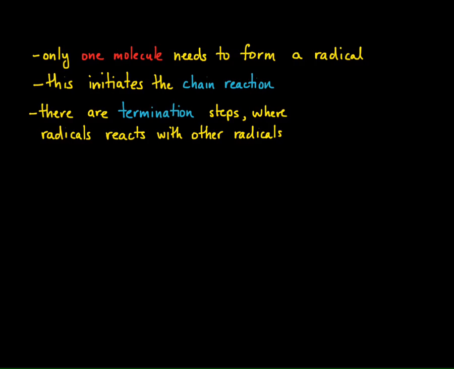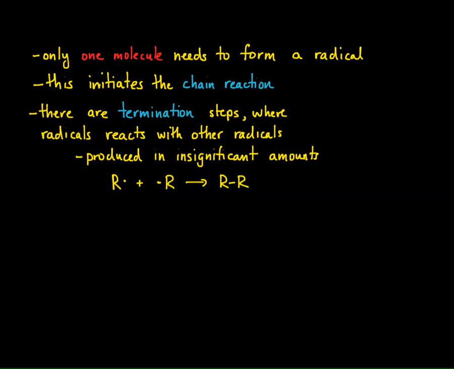And so at the end of a reaction, when you don't have very many reactants that can actually react with the radicals, they're going to then find other radicals to react with. So this process produces very insignificant quantities of these side products, and we tend to not worry about them very much. But just to get you thinking about what could be a termination step, I'm going to list a few possibilities. There are many.